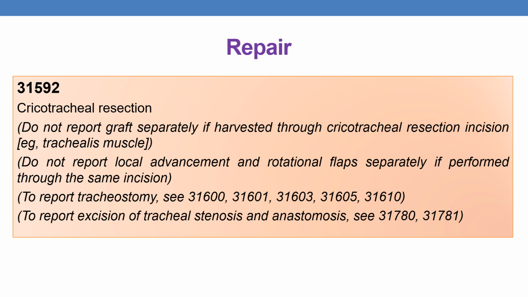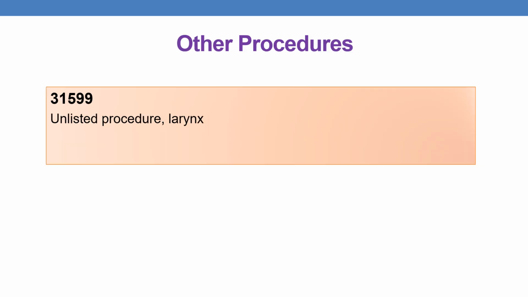And to report excision of tracheal stenosis and anastomosis, you need to refer 31780 and 781. And finally, coming to other procedures, there is only one CPT, that is 31599. It deals with unlisted procedure larynx.